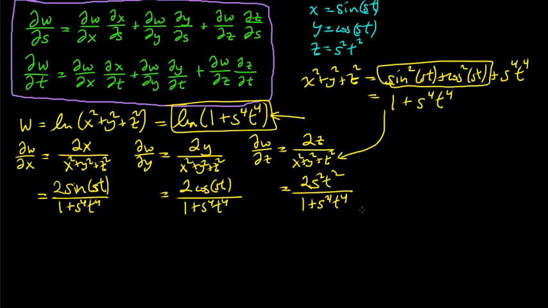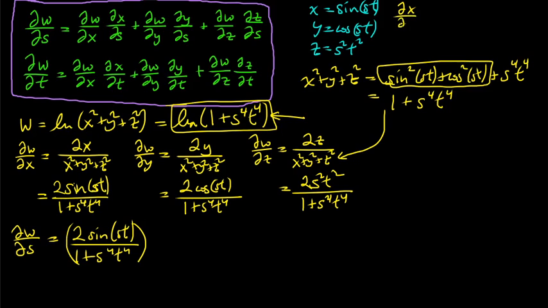Right. So the s partial of w is just going to be, well, the x partial of w, which is just this, copy that down, times the s partial of x.